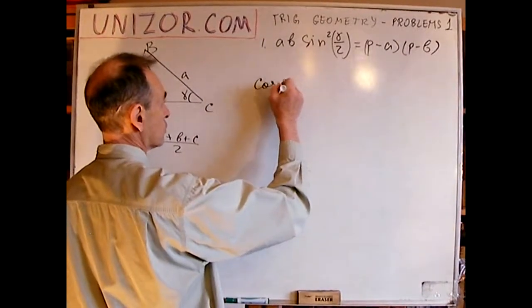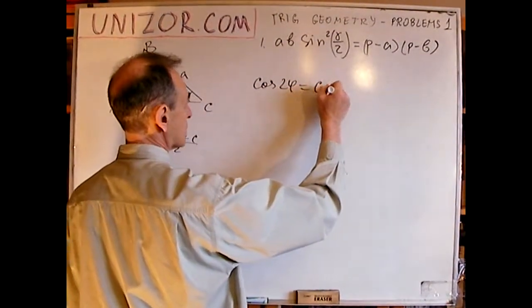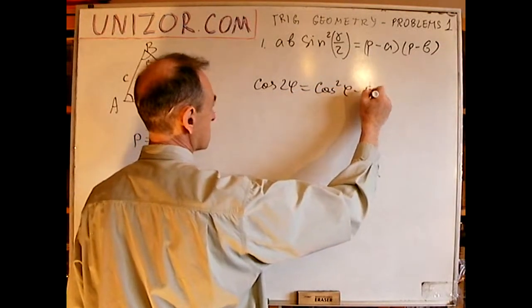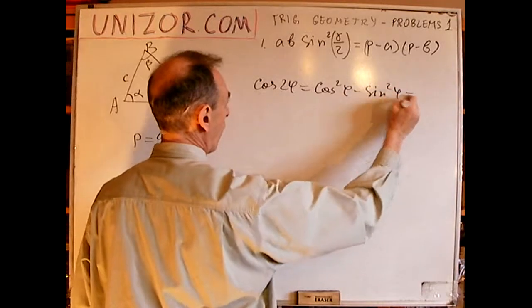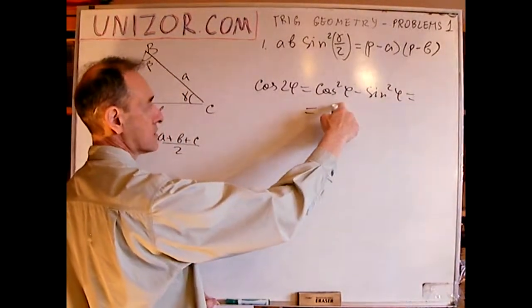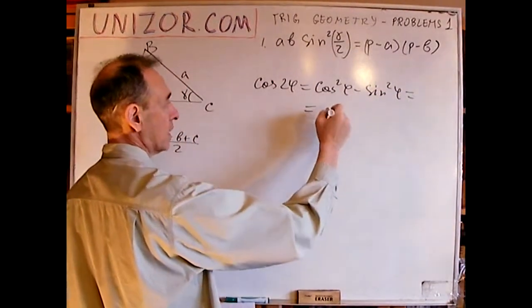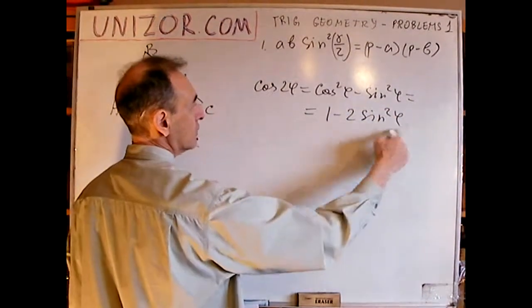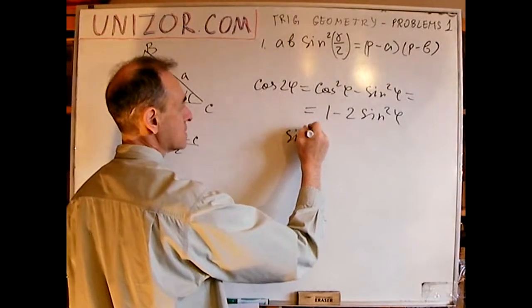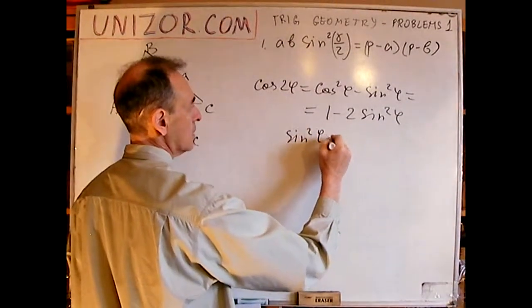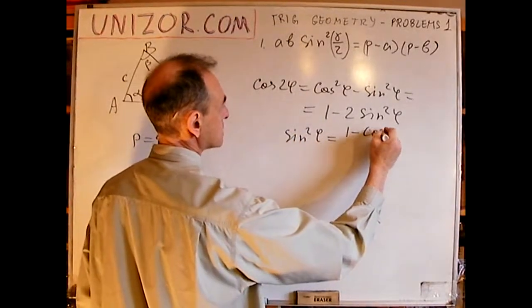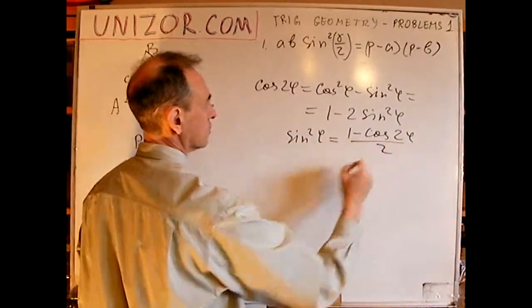cosine of 2 phi equals cosine square phi minus sine square phi. Or, if we express cosine square as 1 minus sine square, it will be 1 minus 2 sine square phi, from which I can solve sine square phi is equal to 1 minus cosine 2 phi over 2, right?